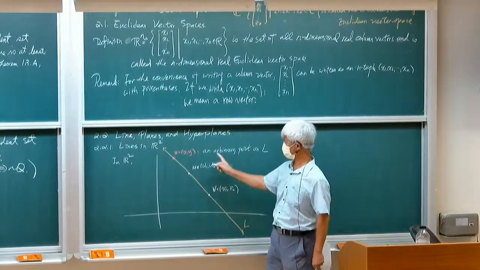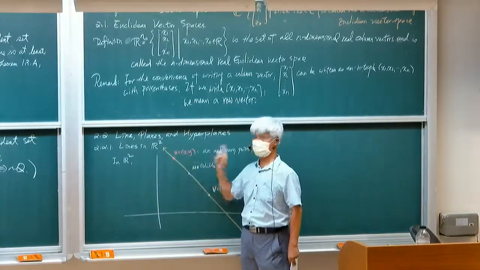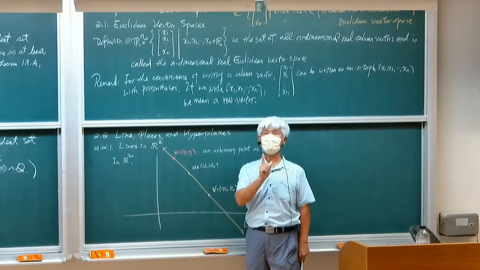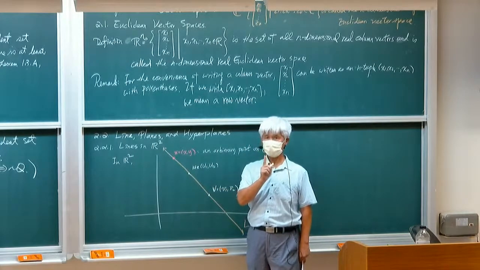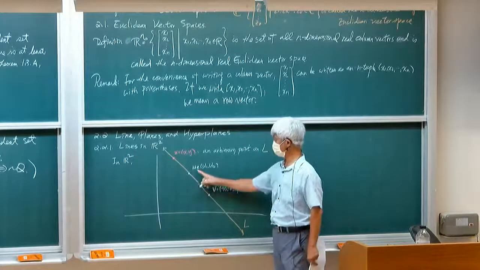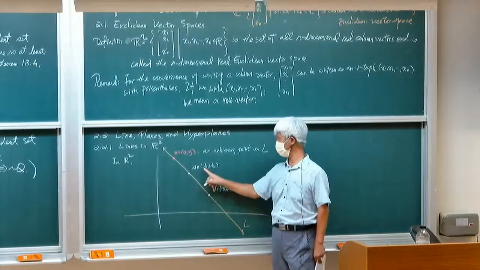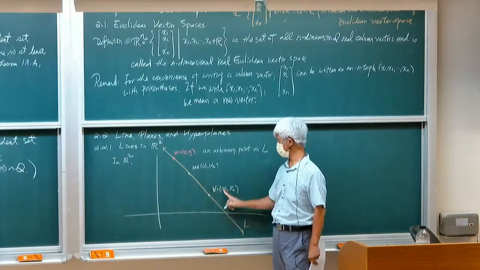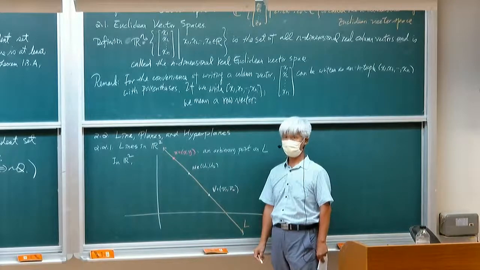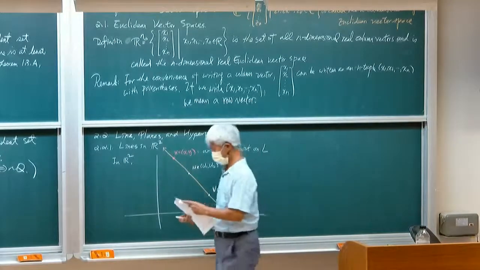So any point on the line, its components, should be writable using the information about these 2 points, i.e. their components U1, U2, V1, V2. Let's see how to do it.